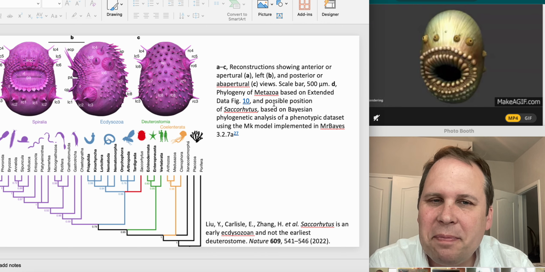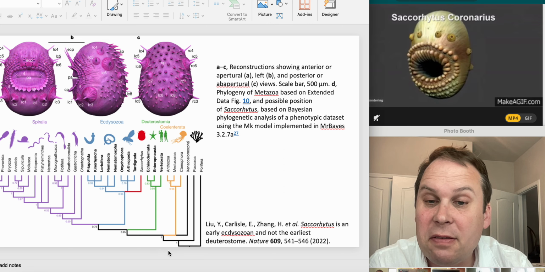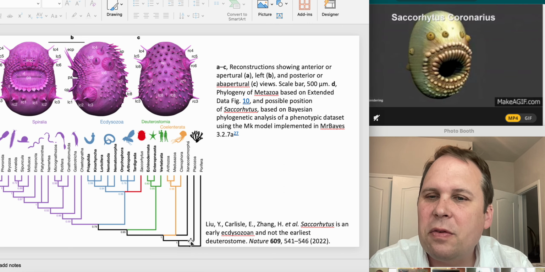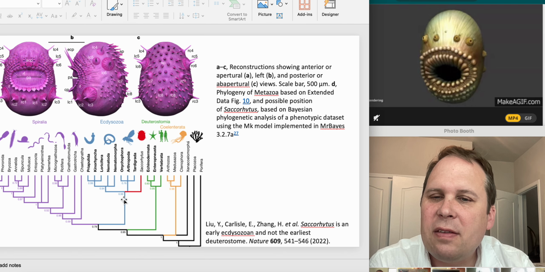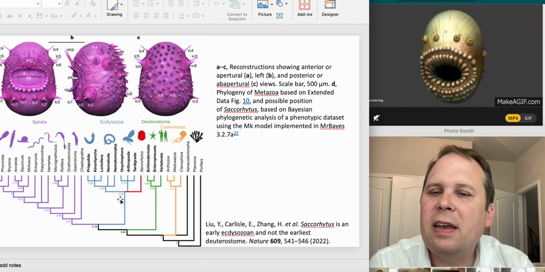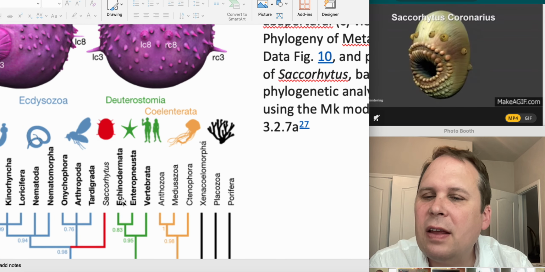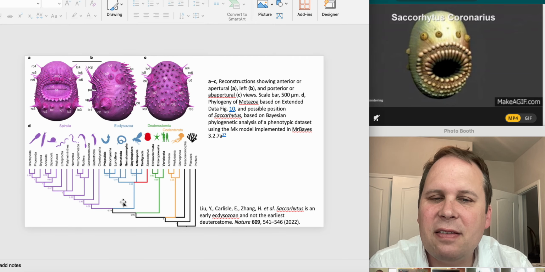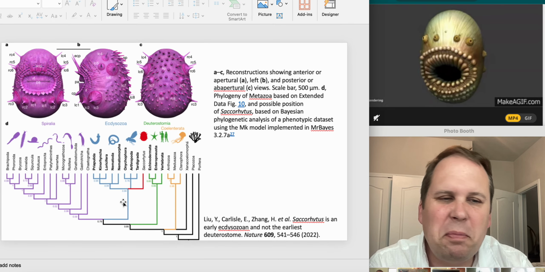On their giant tree, which has fairly good stats for these trees, they show that Saccorhytus is the best fit. I think it's 96 or 98%. There you go, 98% branch support.